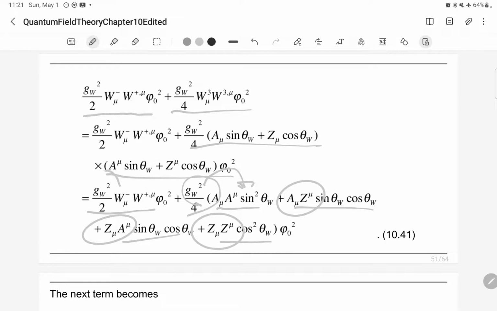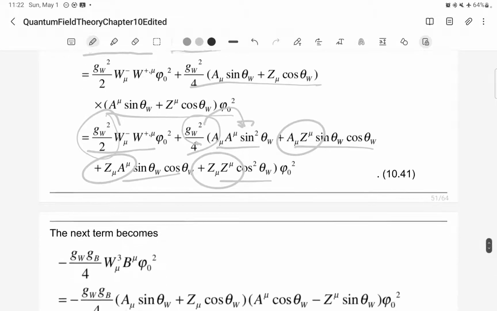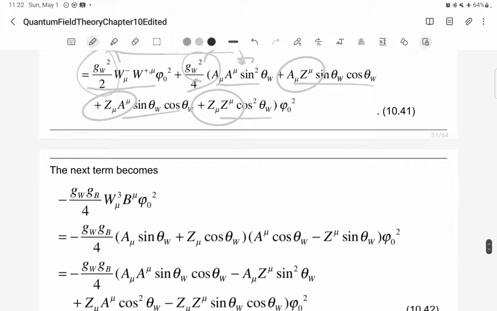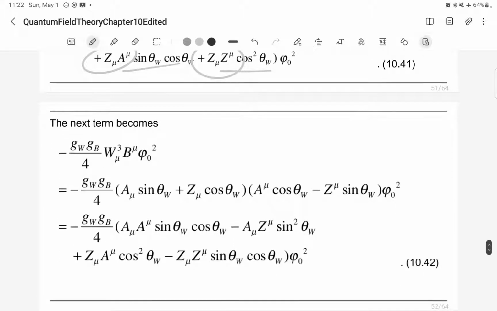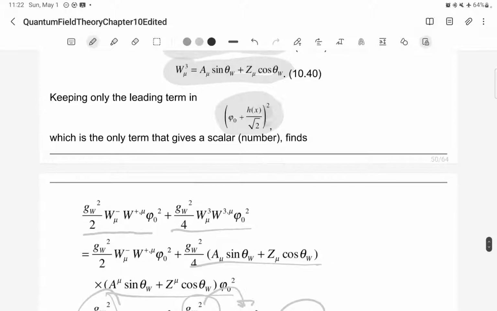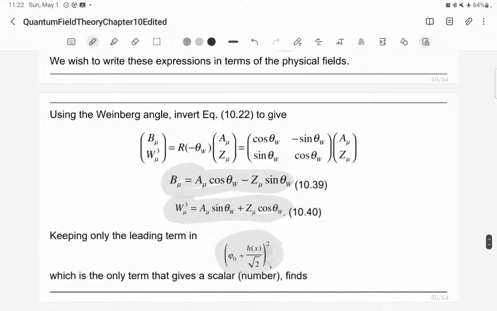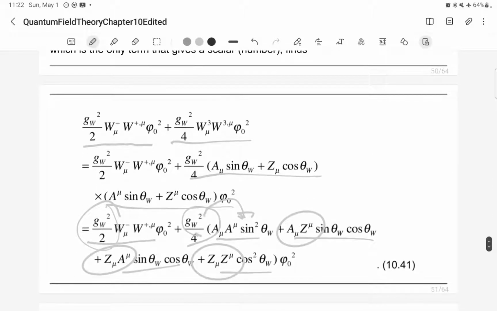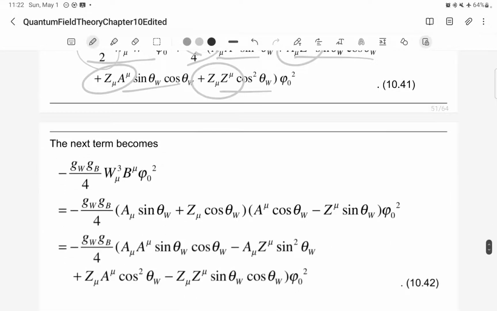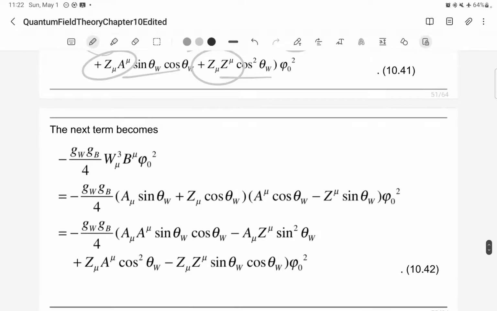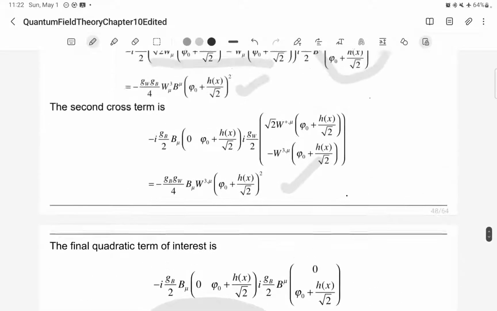And of course, W mu. So we now have the next term for the cross term here.